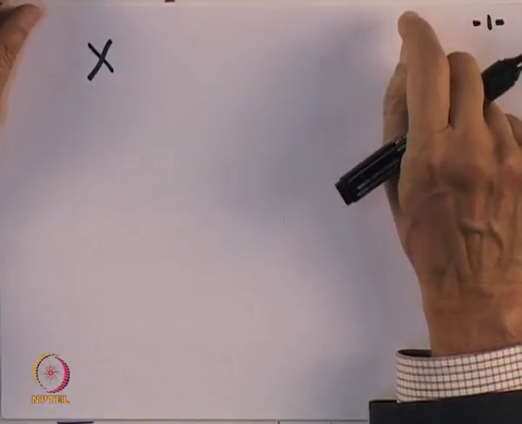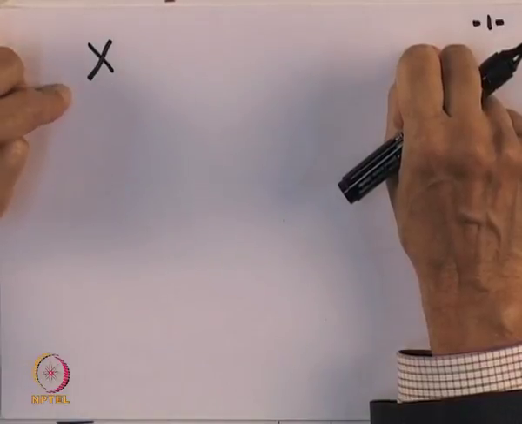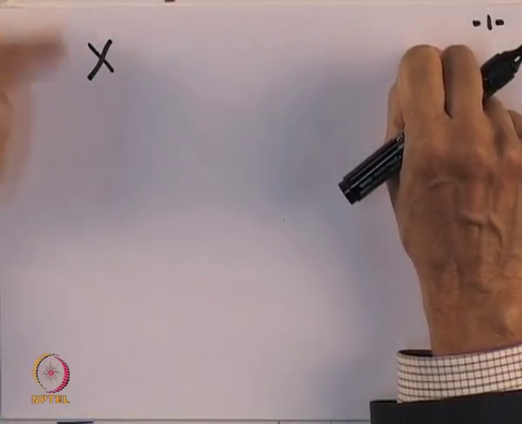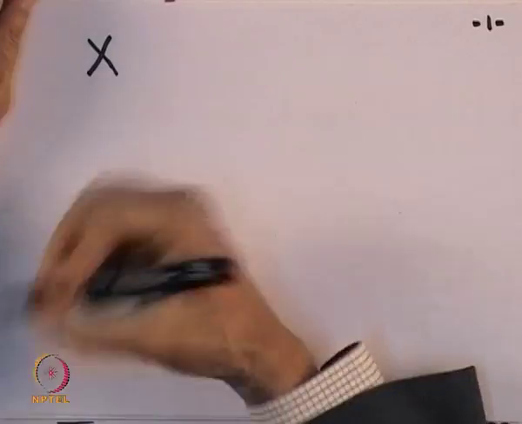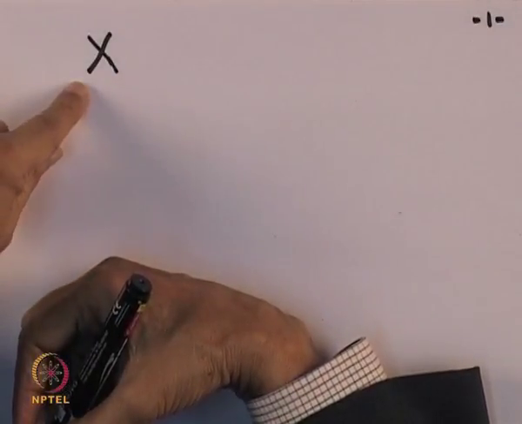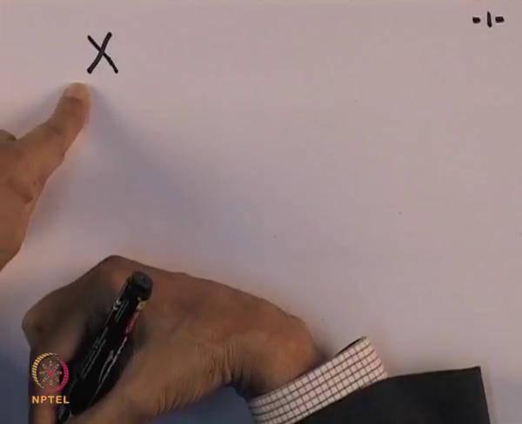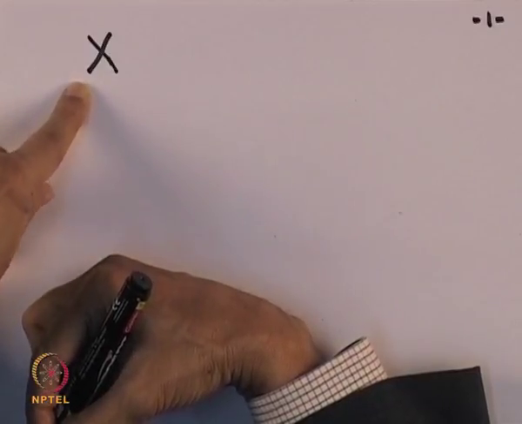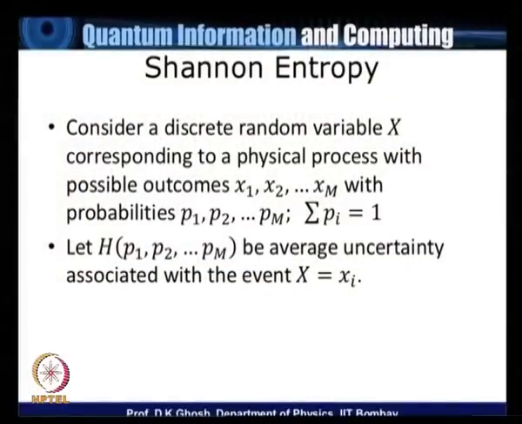Supposing I define a random variable X, let me recall for you some standard notations of statistics, where the random variable itself is given by a capital letter, and the values that variable can take are given by small letters.